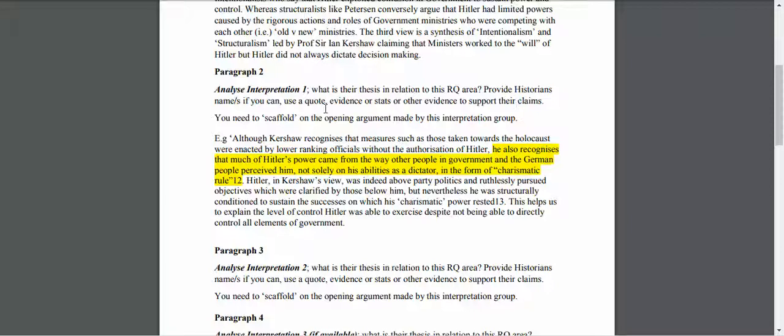Now, it's really important in these paragraphs in section 2 that you scaffold on the opening argument made by this interpretation group. So in other words, if you start off by saying something like, the structuralists believe that Hitler had been opportunistic in his foreign policy, you then need to scaffold that with a specific historian.